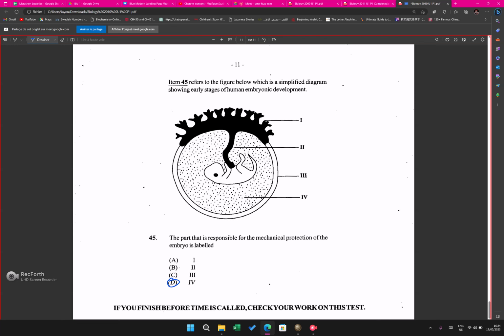Two and four. 2 is meant to point to the allantois. I think 2 is meant to point to the allantois, to be very honest. It's meant to point towards it, but 4 is probably the better answer, showing that it's definitively pointing to amniotic fluid.